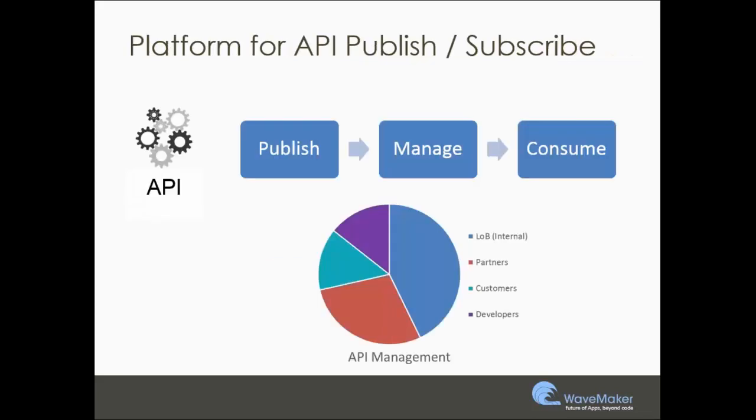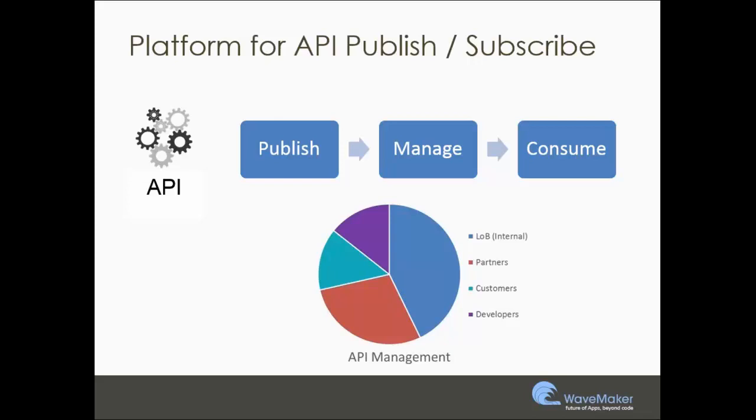So in that regard, as an enterprise, if you want to take the benefit of taking APIs and creating an app ecosystem around it, we are talking about three different elements. Once you have APIs, there is the ability to take those APIs and then publishing those, then being able to manage those APIs as they are published, and then the ability for those APIs to be consumed by various stakeholders.